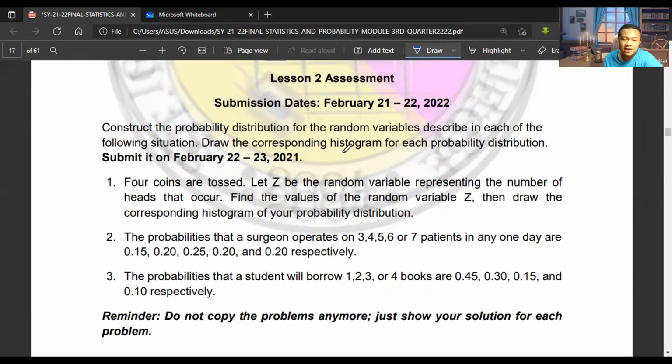Draw the corresponding histogram. This is really important because I haven't taught you how to draw a histogram, and it's also not explained in this module.